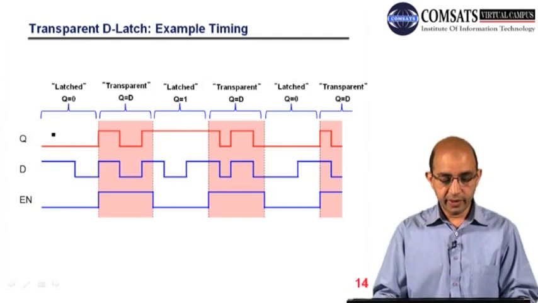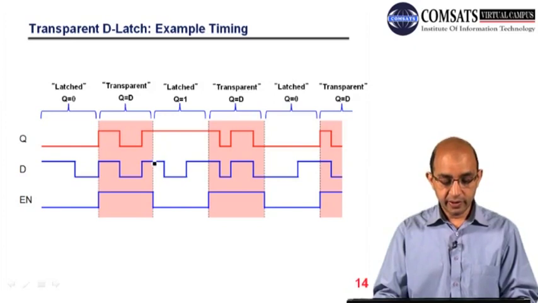Here enable is low, so Q is equal to 0, and that will remain the same. Here enable is high, and we know for a D latch Q follows D, so you can see the same replication till here.